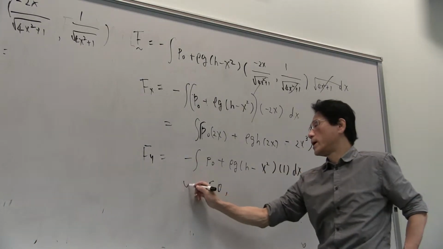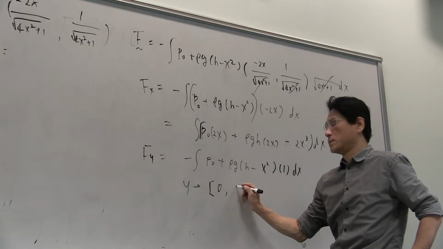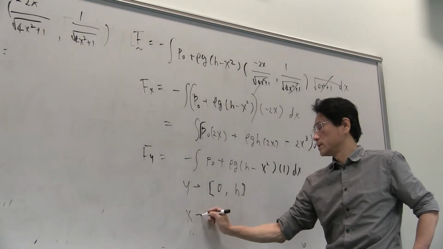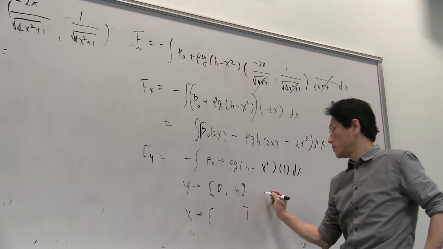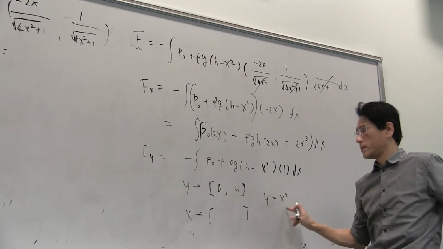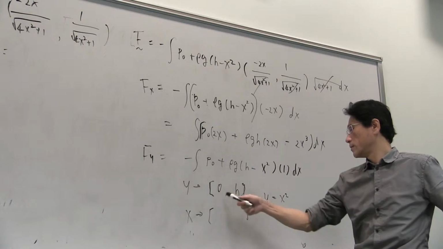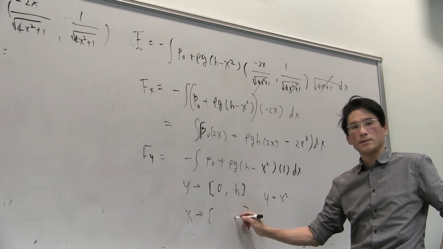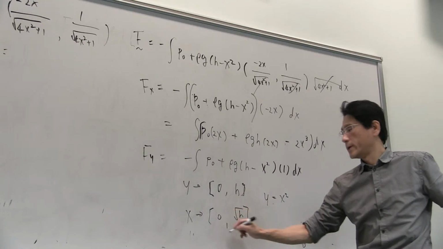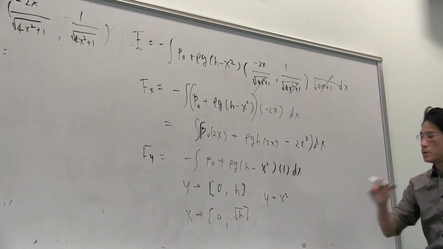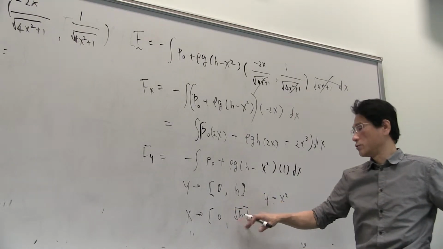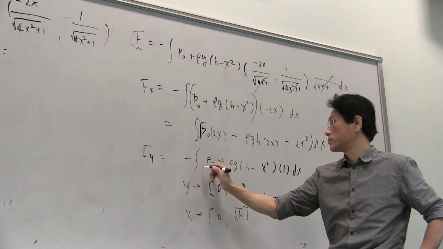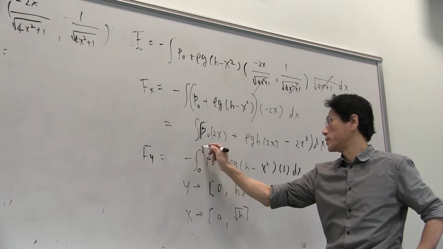So for y you're looking at 0 to h, but what about x? You have to think about the relationship y equals x squared. So when y is h, your x must be square root of h. So your domain for x must be 0 to square root of h.